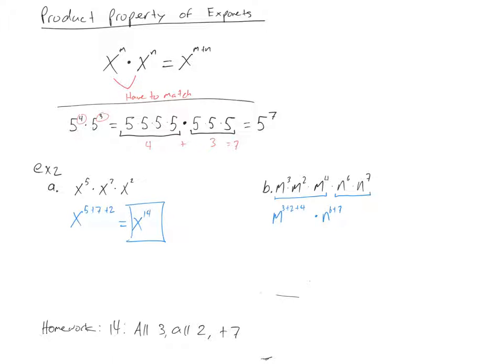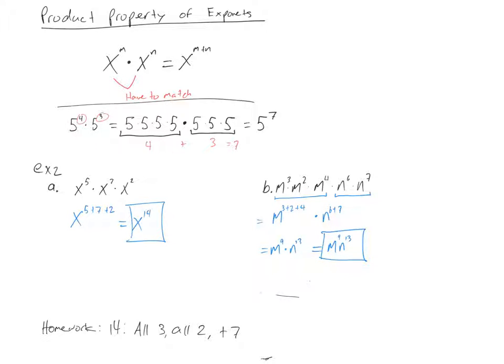Well, 3 plus 2 is 5, plus 4 more is going to be 9. This is going to be m to the 9th times n to the 6 plus 7, which is 13. You could write it with the multiplication dot in there, or without, which is how I'm going to write it: m to the 9th, n to the 13th. That's going to be your answer there.